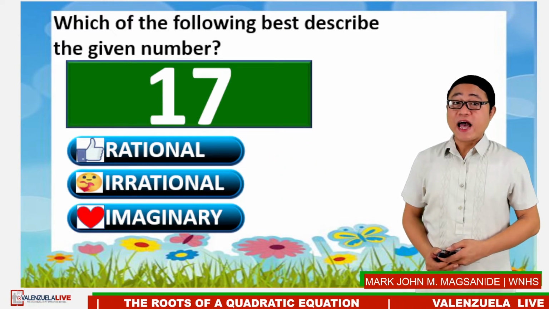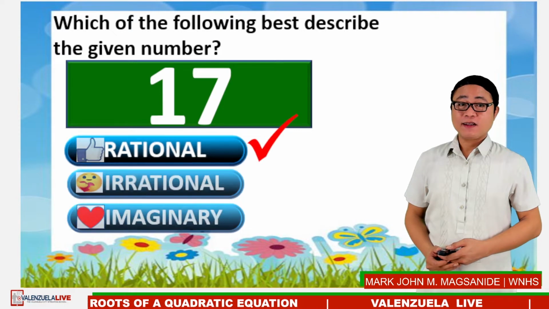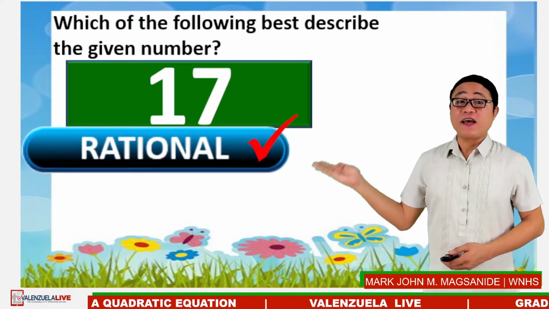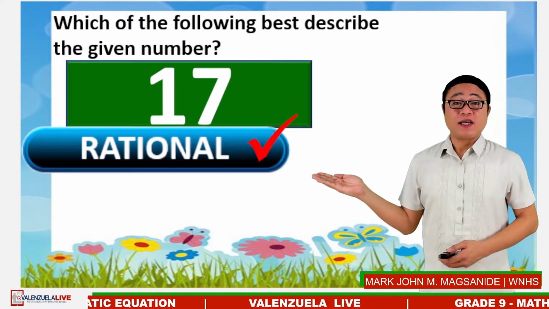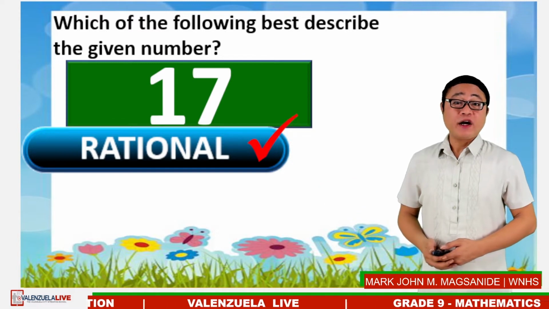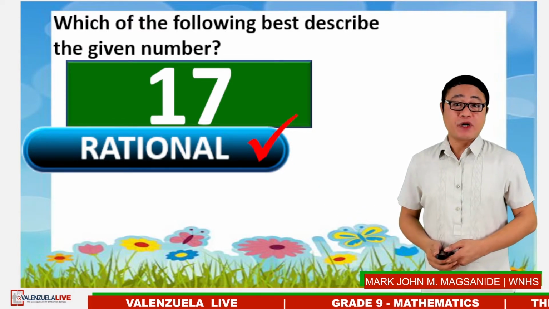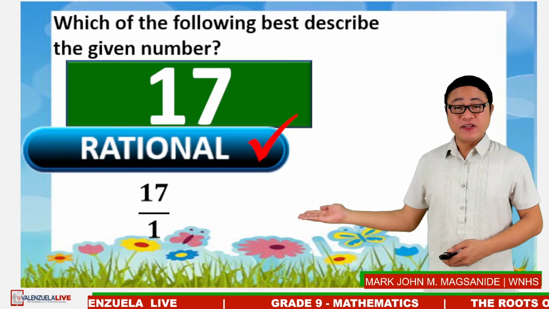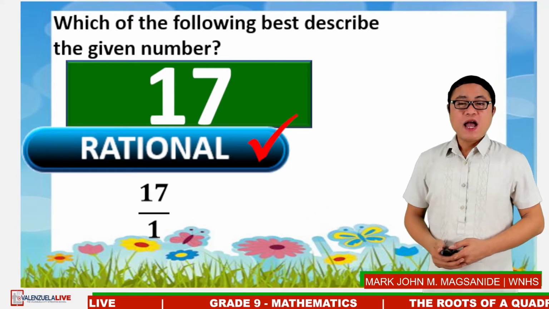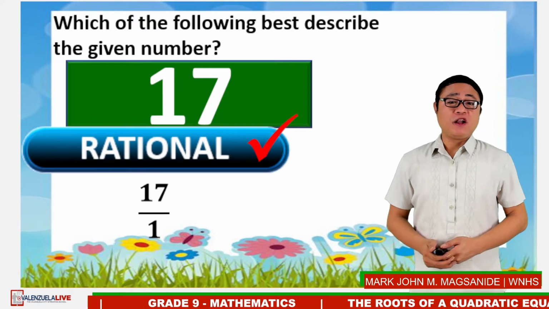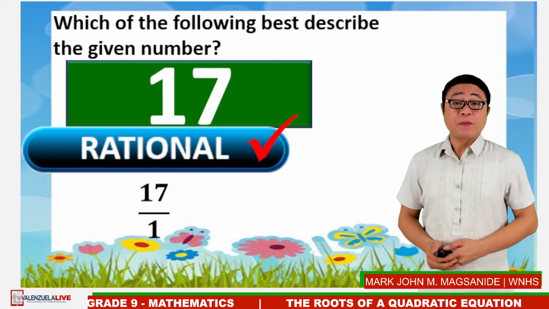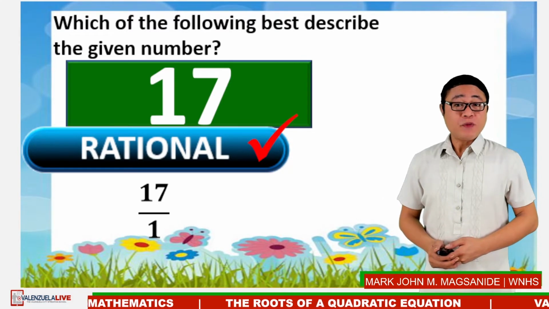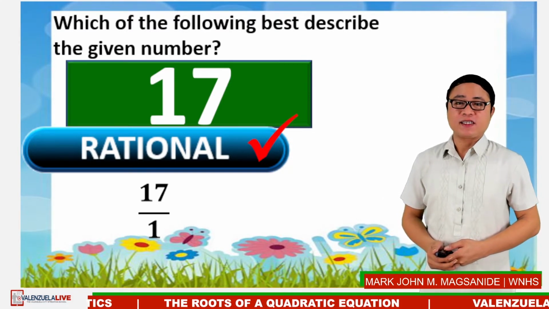The correct reaction is like, because 17 can be expressed as a ratio or quotient of two numbers, like 17/1. I hope that you were able to recall some previously discussed topics. This will help you to understand today's lesson.